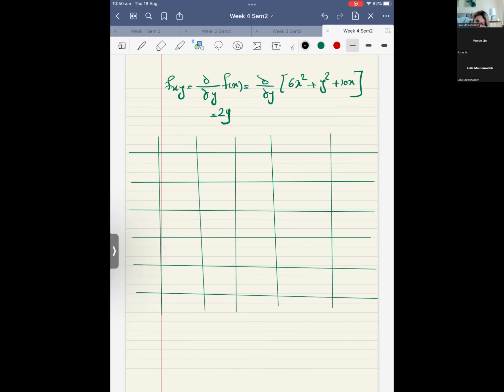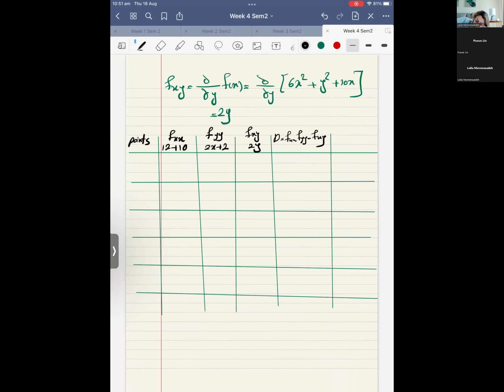I can write here points, f_xx, that would be 12x plus 10, f_yy, that would be 2x plus 2, f_xy would be 2y, and D. What is D? It is f_xx times f_yy minus f_xy squared.